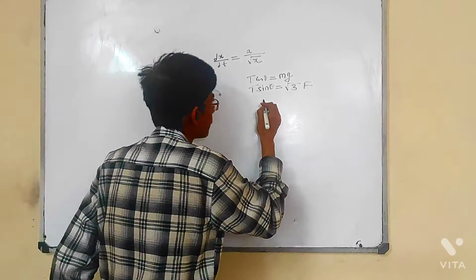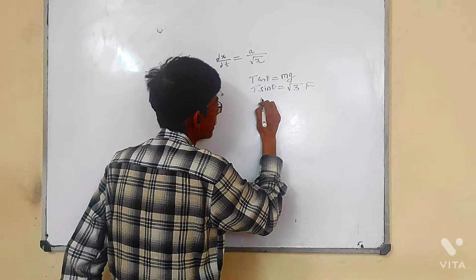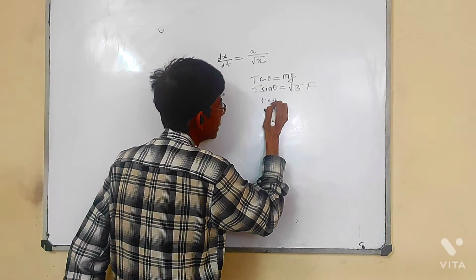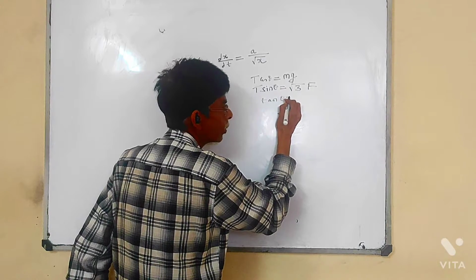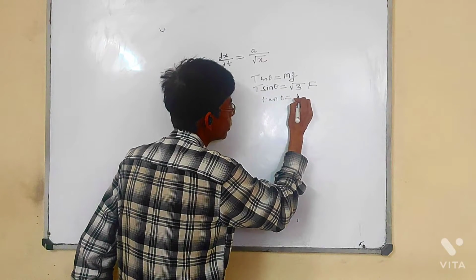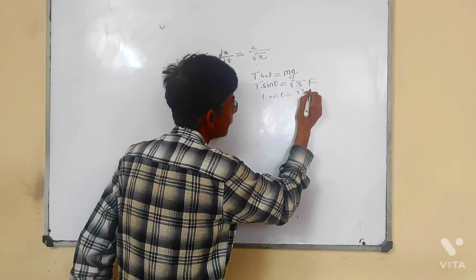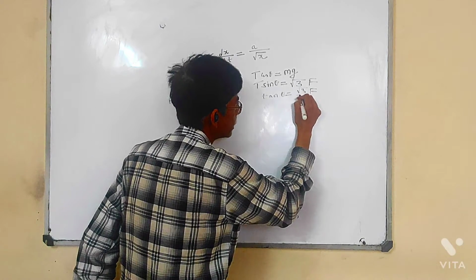So dividing the second equation by the first equation, you obtain tan theta equal to root 3 F by mg.